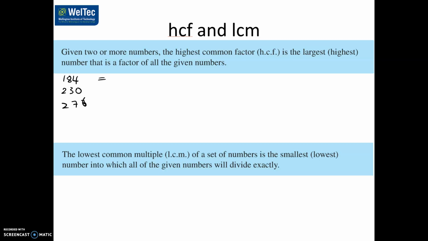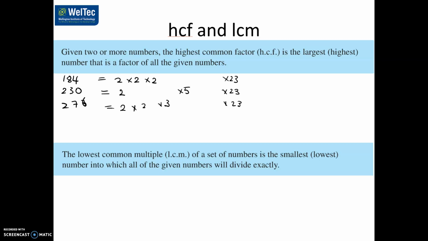184 is equal to 2 times 2 times 2 times 23. 230 is equal to 2 times 5 times 23 as well. And 276 is going to be equal to 2 times 2 times 3 times 23.